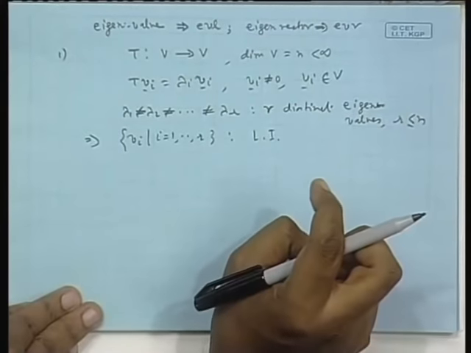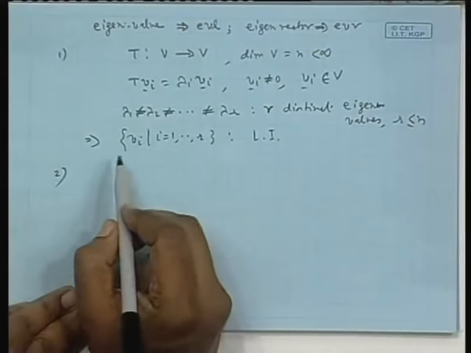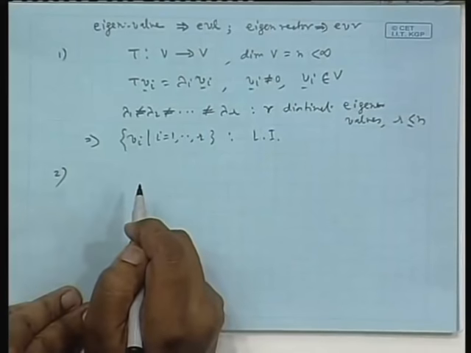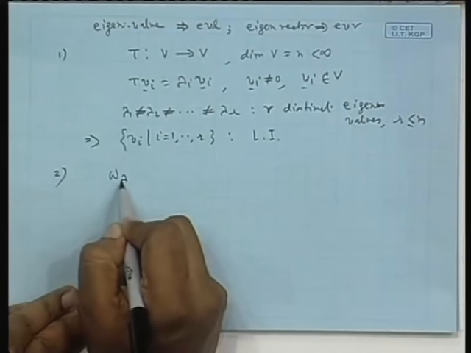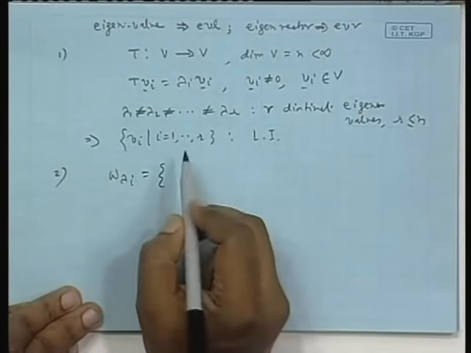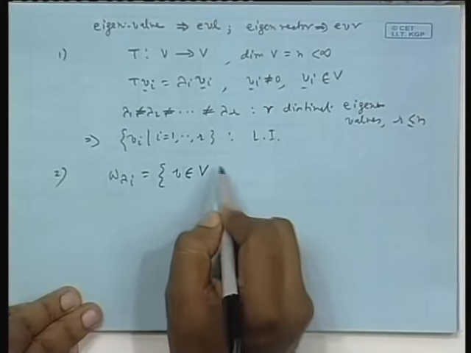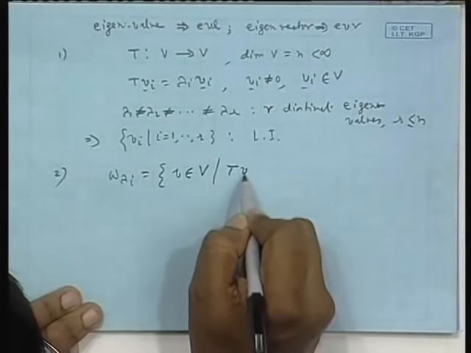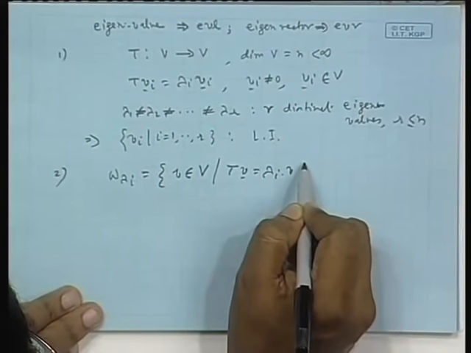Secondly, we have also seen the concept of eigen subspace corresponding to a particular eigenvalue, say lambda i. That is, suppose I consider W lambda i as what? It consists of those vectors belonging to V such that T working on V gives you nothing but the chosen lambda i times V.